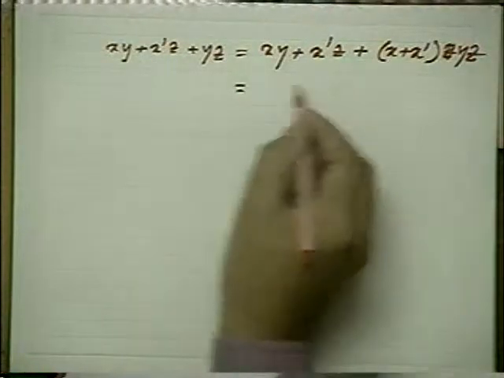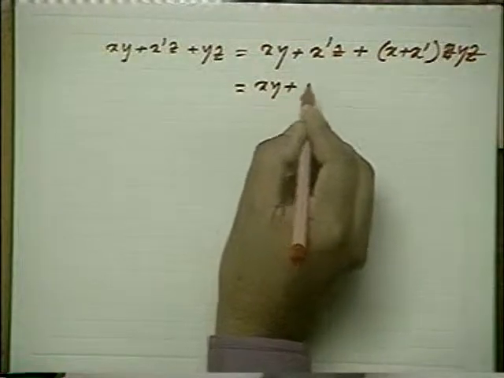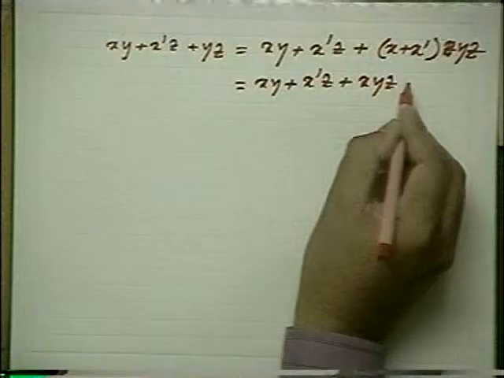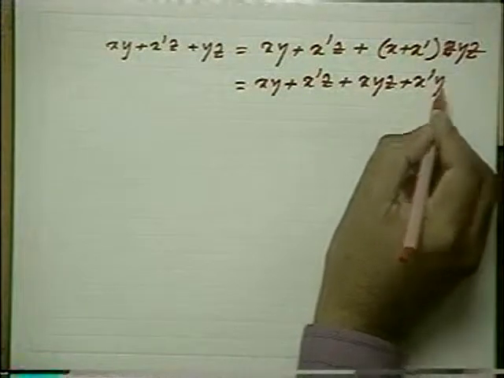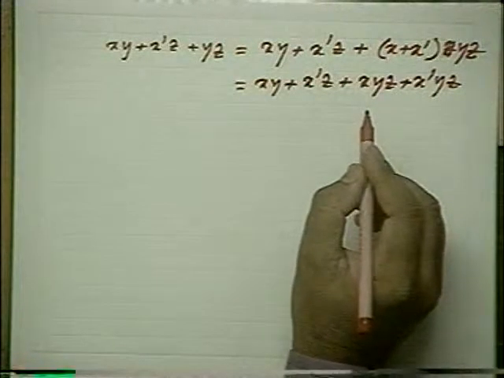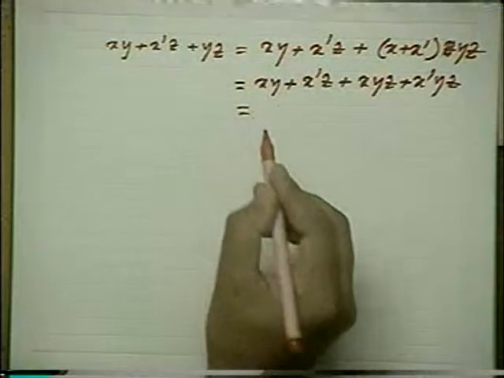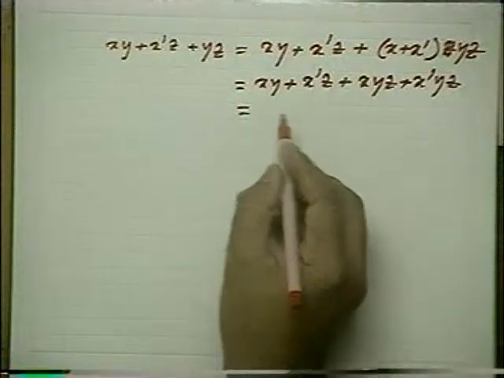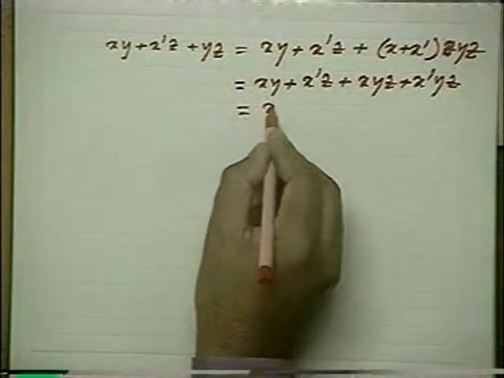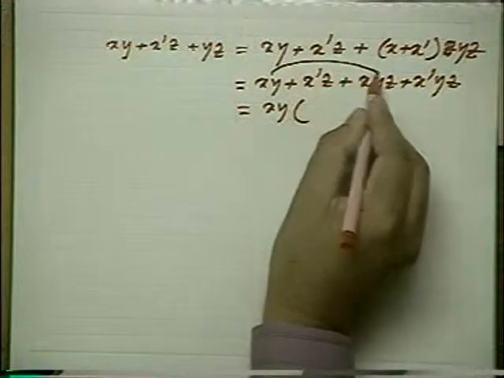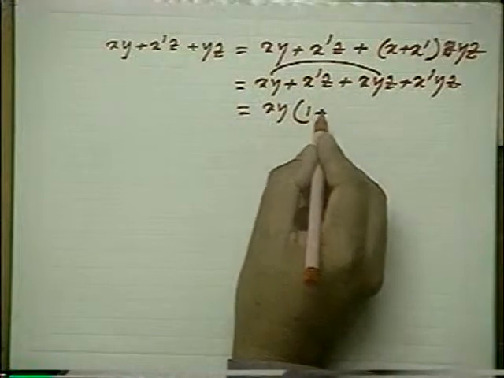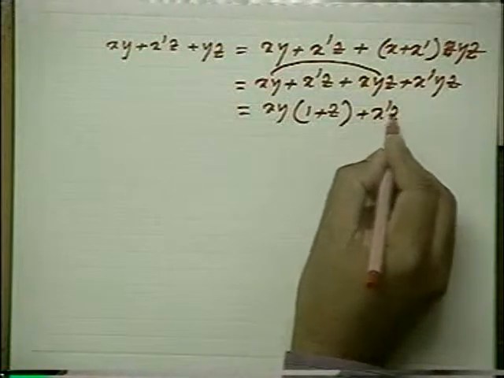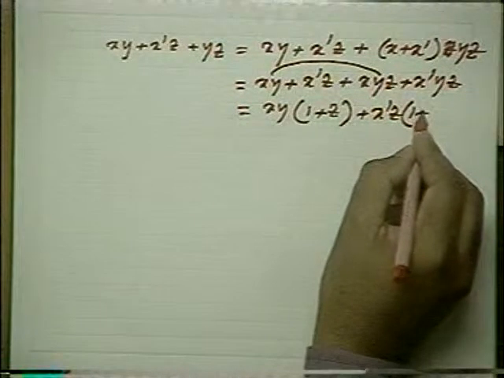Now let's see this. I can say that xy plus x bar z plus xyz plus x bar yz. And this is equivalent to, we can now take, xy, if I take this and this, xy into 1 plus z, and plus x bar z into 1 plus y.